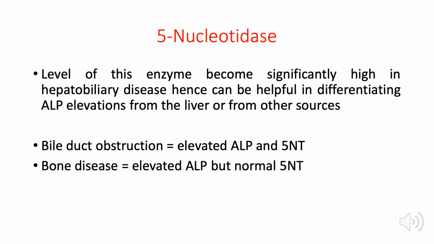So in the second bullet, you diagnose the case as bile duct obstruction if there is elevation of both ALP and 5-nucleotidase. But if it is only the ALP that is elevated and 5-nucleotidase is not, then you should start entertaining other possible sources of the high alkaline phosphatase.